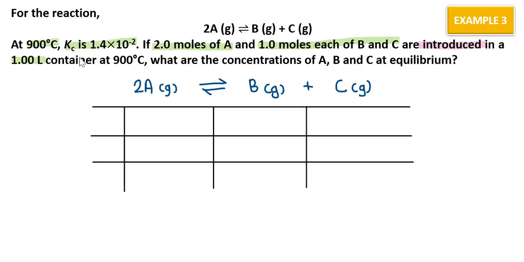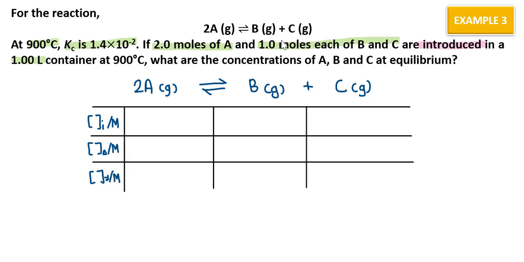So since we have the Kc value here, we are going to use the reaction tables in concentration terms. So we have the initial concentration, the change in concentration, and also the concentration at equilibrium.